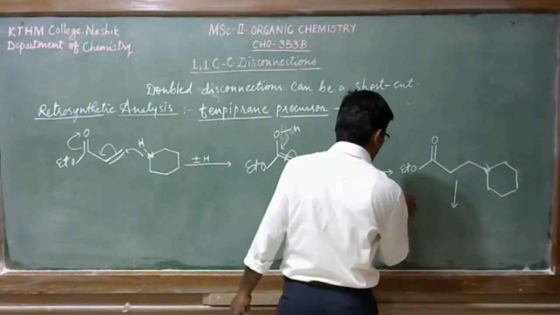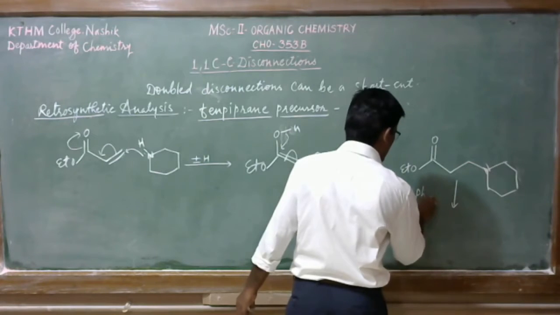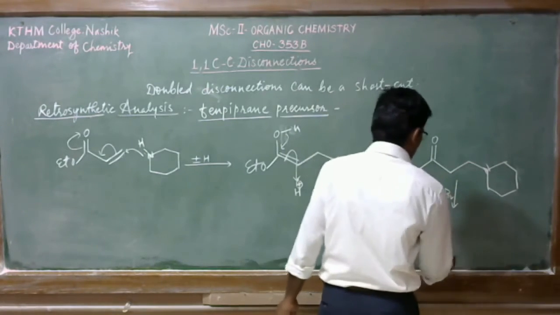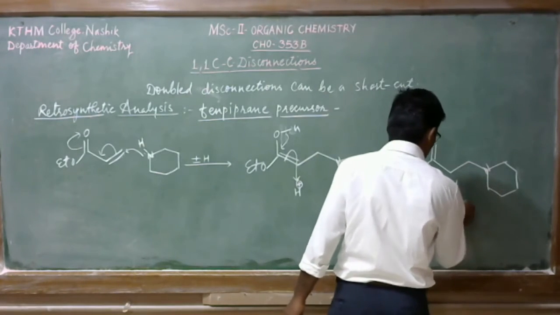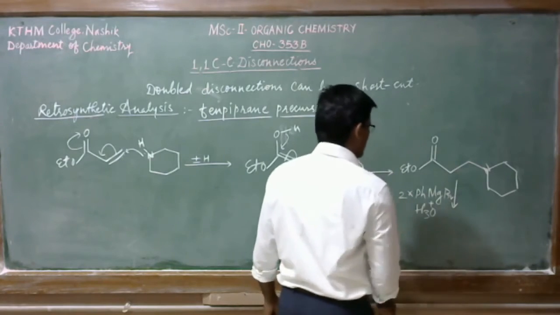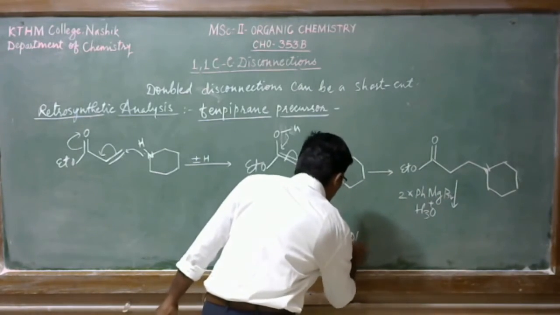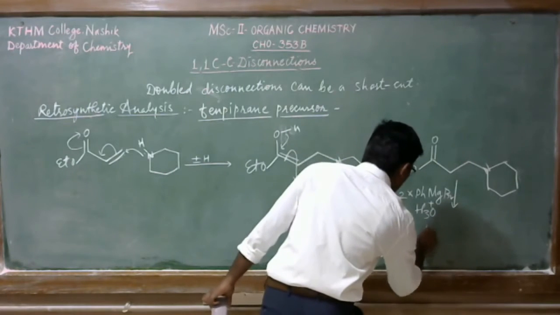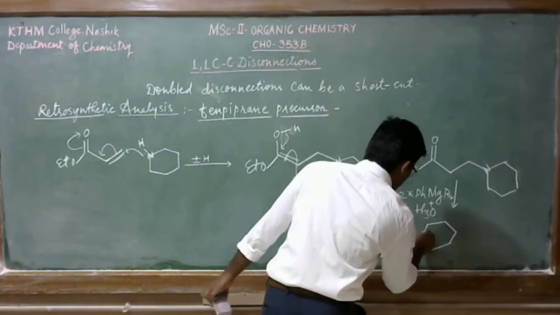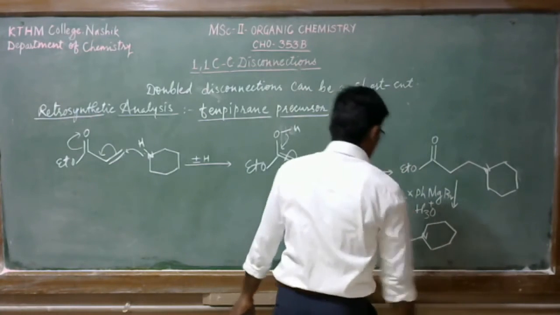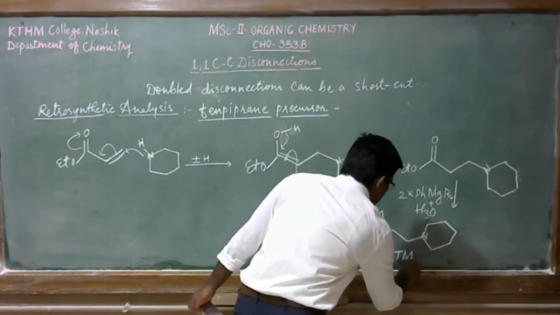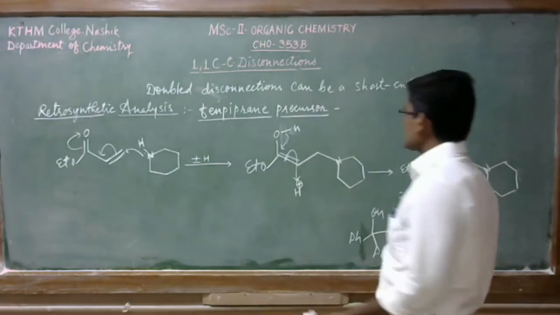Then the treatment of 2 moles of phenyl magnesium bromide, followed by acid work-up, you will get our target molecule.